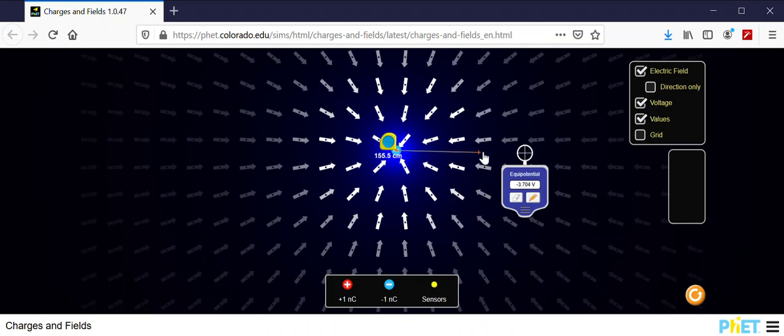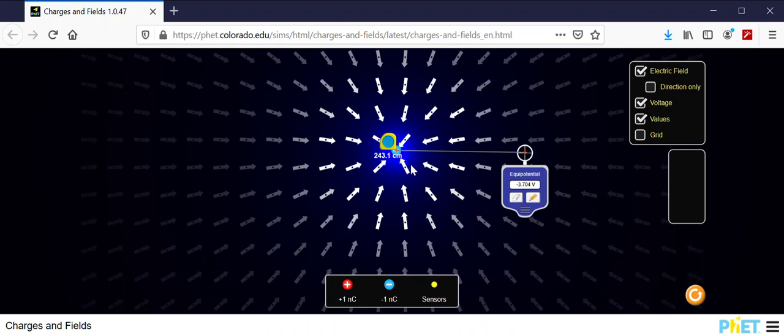Then I can determine the distance between the point I'm interested in, which is this point in the crosshairs of the voltage probe box, and the charge. What's the distance?